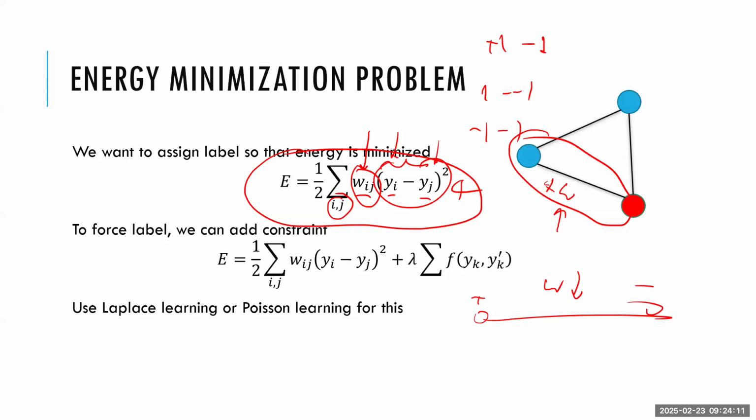So you measure the energy between two vertices. So you want to find the best yi for every vertex. You want to find the labeling such that this expression is minimized.